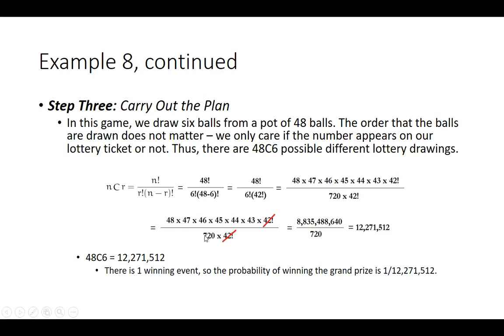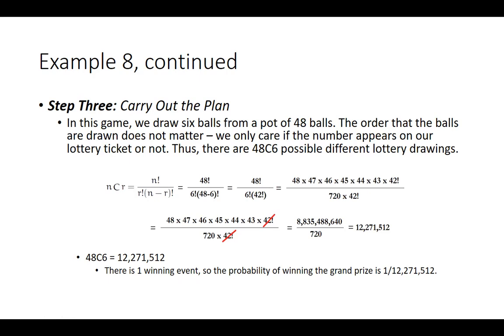So the 42 factorials cancel, and we have 48 times 47 times 46 times 45 times 44 times 43 on top, 720 on the bottom. That's 8,835,488,640 on top, 720 on the bottom. When we divide, we get 12,271,512.